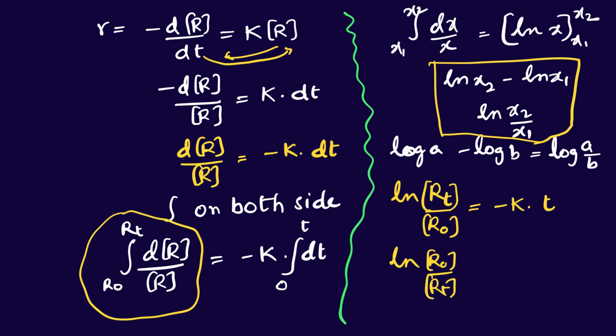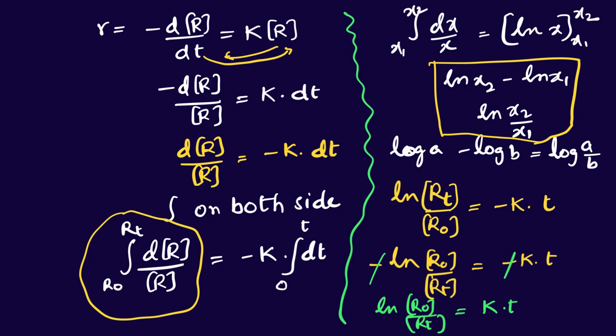When you reverse R naught by R at t time, you will get a minus sign, so it is equal to minus k into t. This minus minus cancels. Therefore, ln R naught concentration by R at t time concentration is equal to k into t.